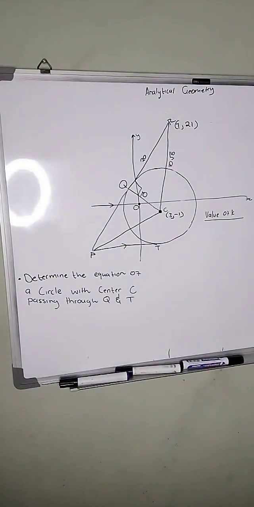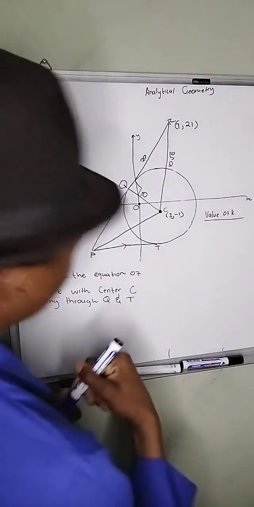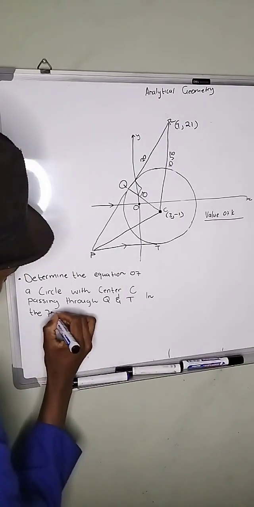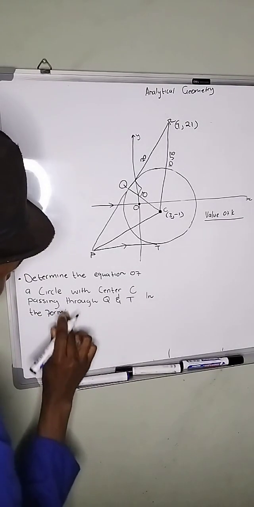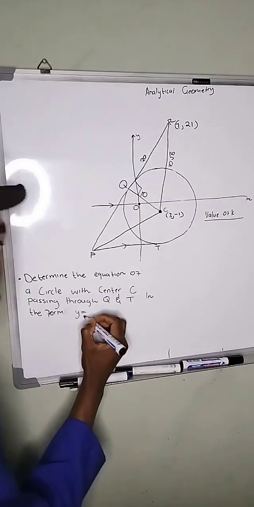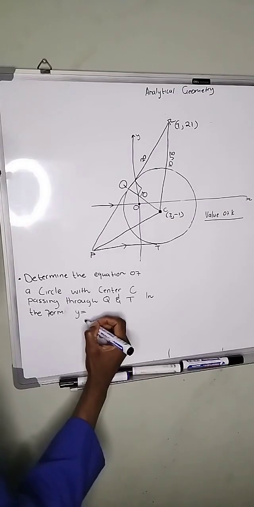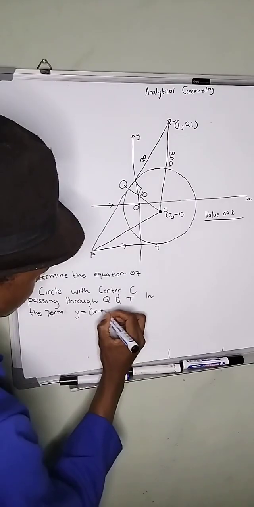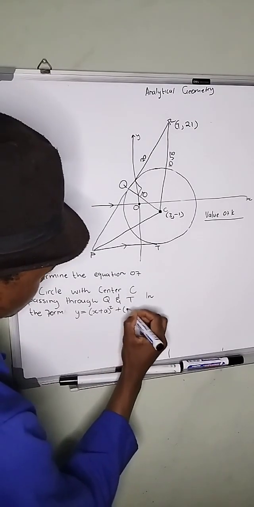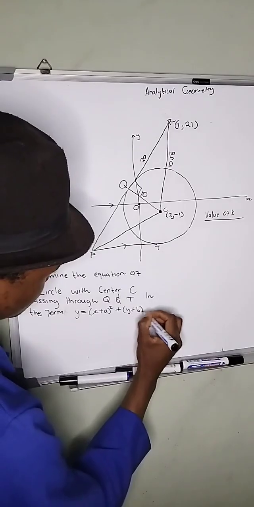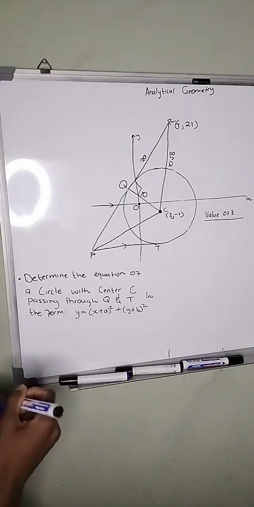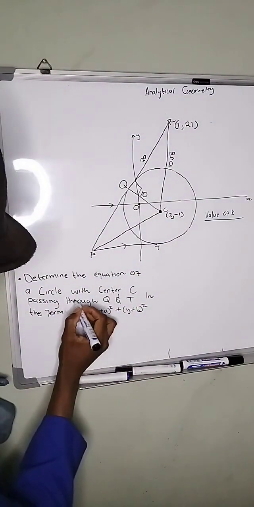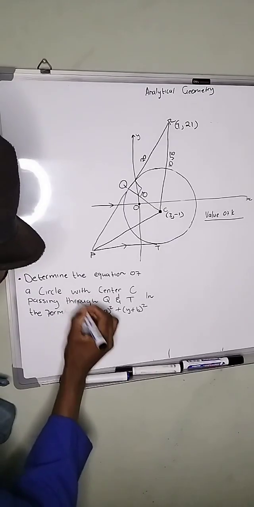They're saying in the form of (x minus a) squared plus (y plus b) squared equals r squared.